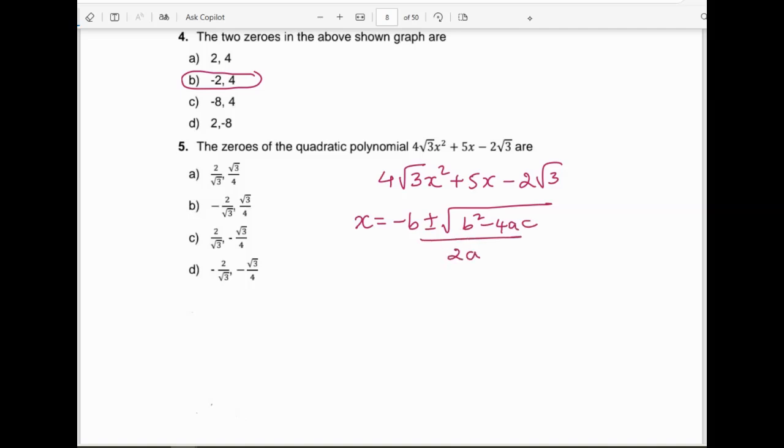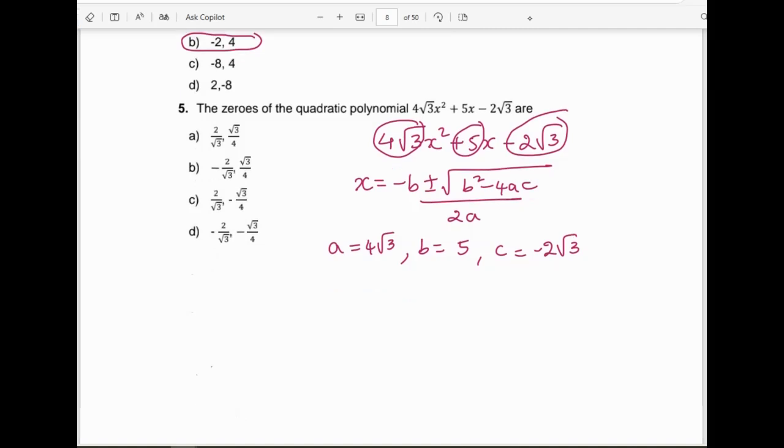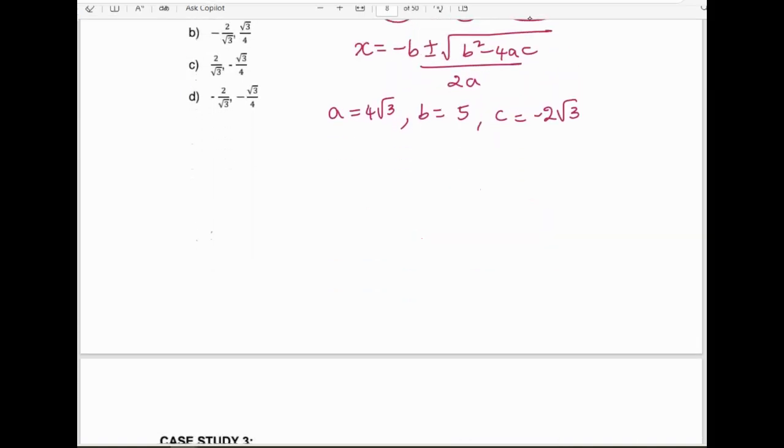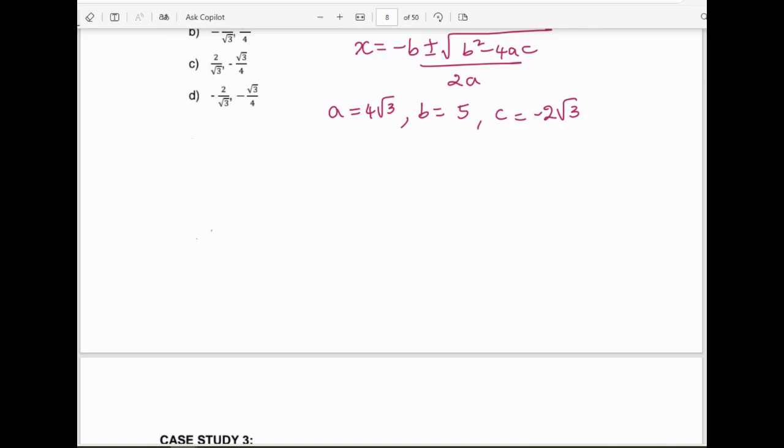So now what will be this? A will be the first term, 4 root 3. B will be the second term, that is 5. And C will be the third term, that will be minus 2 root 3. So now here we'll use the formula and try to find the answer.